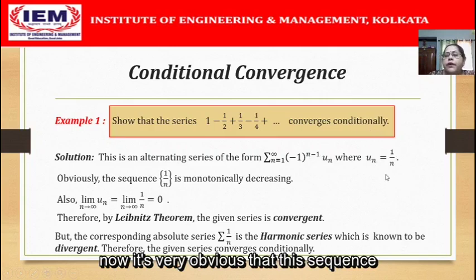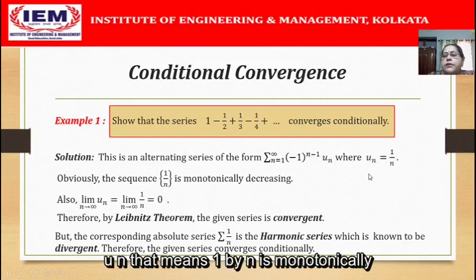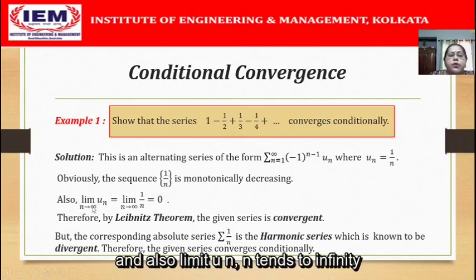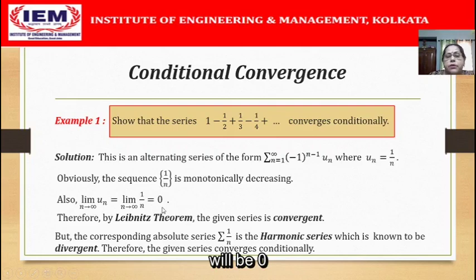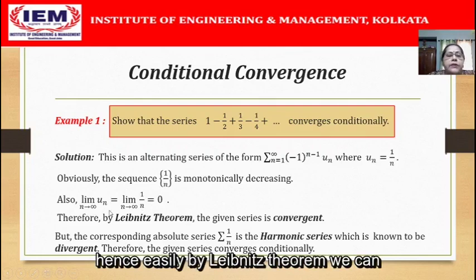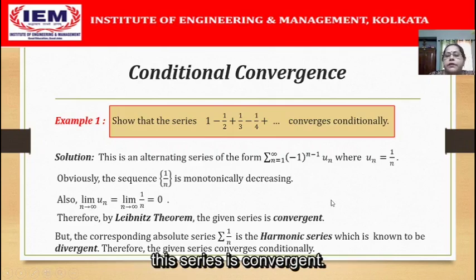Now it's very obvious that this sequence un, that means 1/n, is monotonically decreasing, and also limit of un as n tends to infinity will be 0. Hence, easily by Leibniz theorem, we can now conclude that this series is convergent.